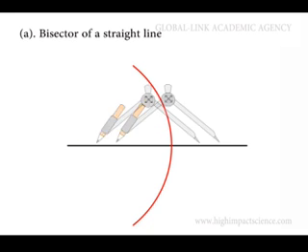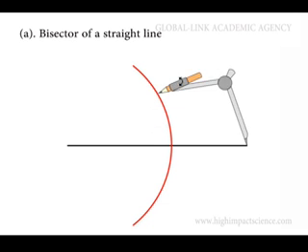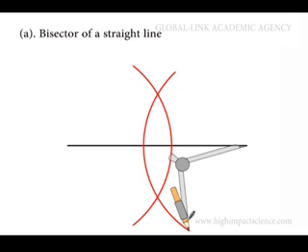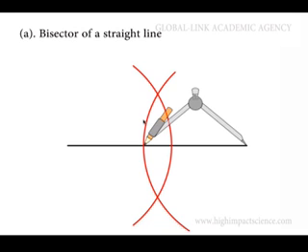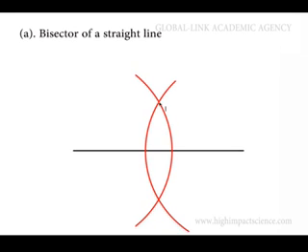Now we move the compass to the other end without changing its radius, that is the distance between the pencil and the needle. We will make another arc from up to down, and you should see that the two arcs intersect at 2 points above and below the line. The last thing is to draw a vertical line joining the 2 points of intersection.